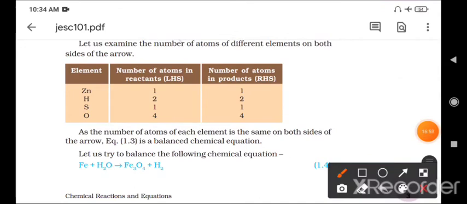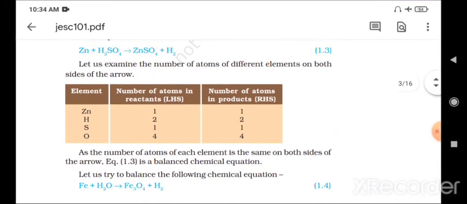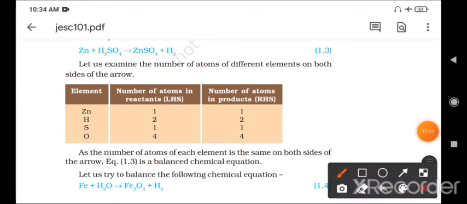Let us examine the number of atoms of different elements on both sides of the arrow. We have Zn, H2SO4, ZnSO4 and H2. First, Zn: how many atoms are present on the reactant side and the product side?